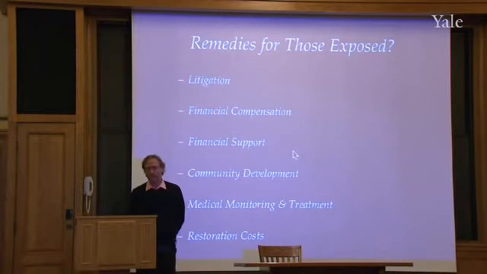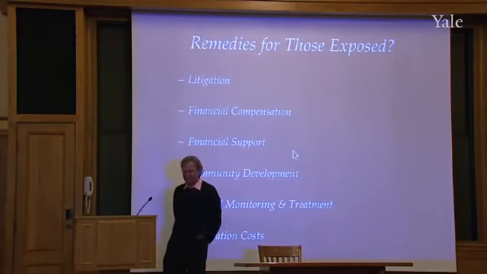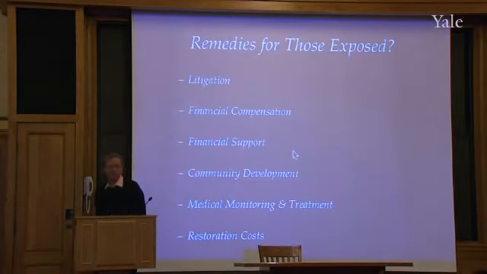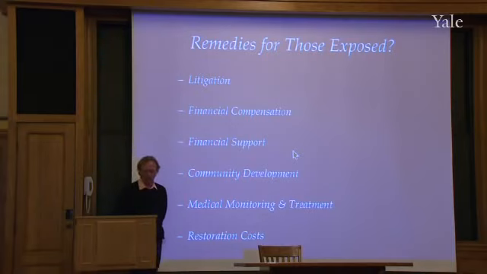So it's not uncommon for litigation to span a period of time, including a decade. Financial compensation to those that can demonstrate that they had their property taken away, that they had their livelihoods taken away, or that they lost their health.